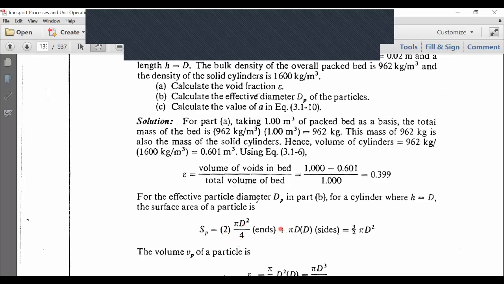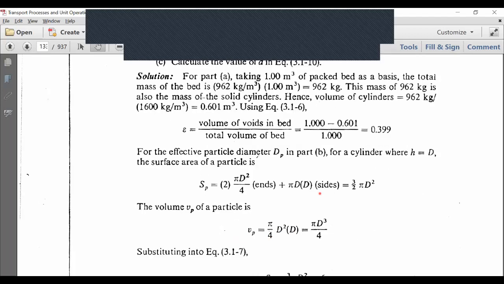Then for the sides, it's pi times d times h. However, since h is equal to d, we can write it as d like this. So it becomes this.